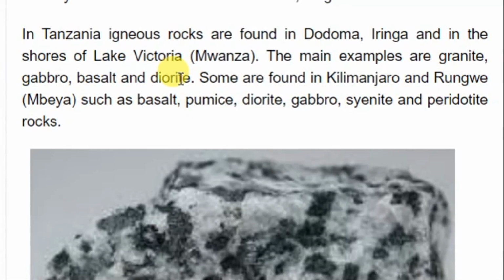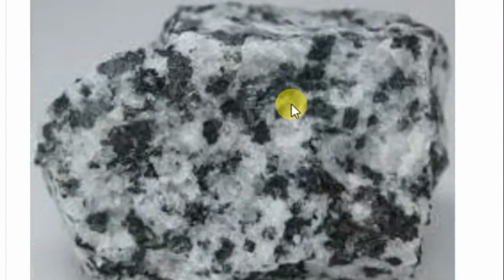There are many examples of igneous rock, but these are just a few examples. Some are found in Kilimanjaro and Ungwe, Mbeya, such as basalt, pumice, diorite, gabbro, and these are the ones which are used in the production of cement.